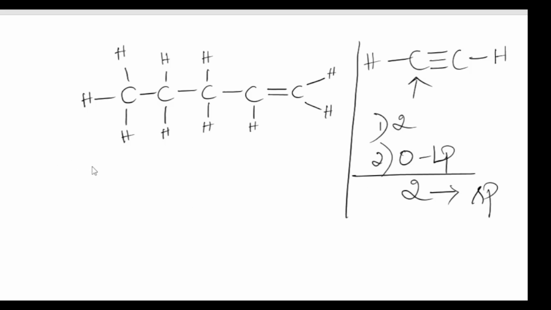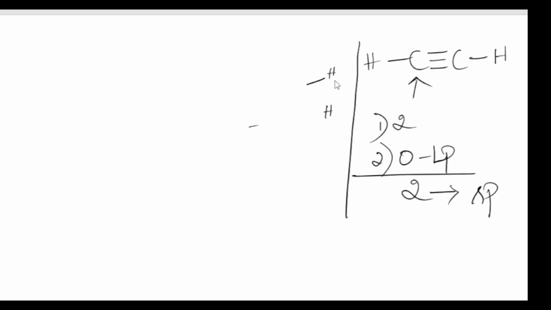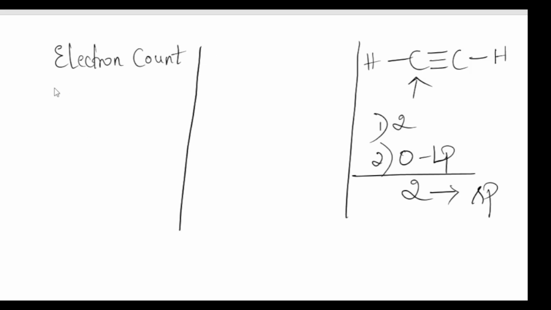A simple table we can make over here. I will just erase this and write the output of this. What we are actually doing here is an electron count. I will write it as electron count, and here I will write hybridization.